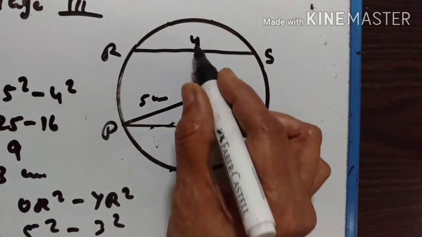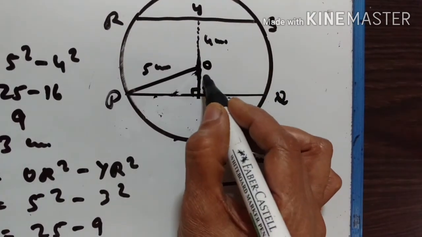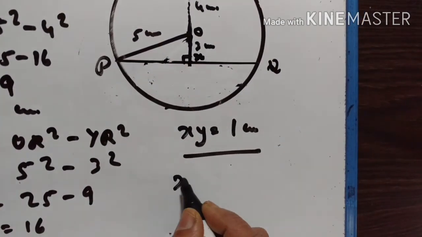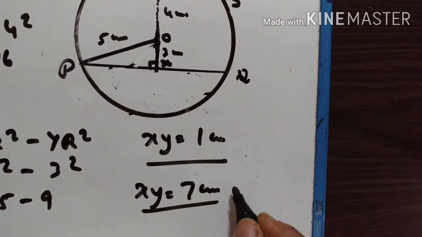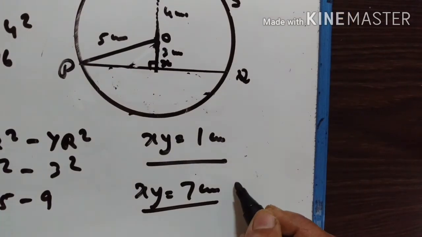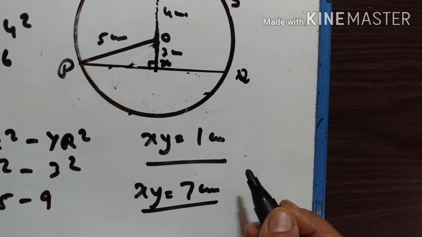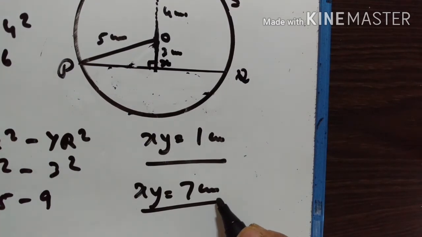Therefore, the distance between them is equal to 4 plus 3, 7 cm. So XY is equal to 7 cm when the chords are on opposite sides of the center. So the distance between the chords, if they are on the same side of the center, is 1 cm, and if they are on opposite sides of the center, it is 7 cm.